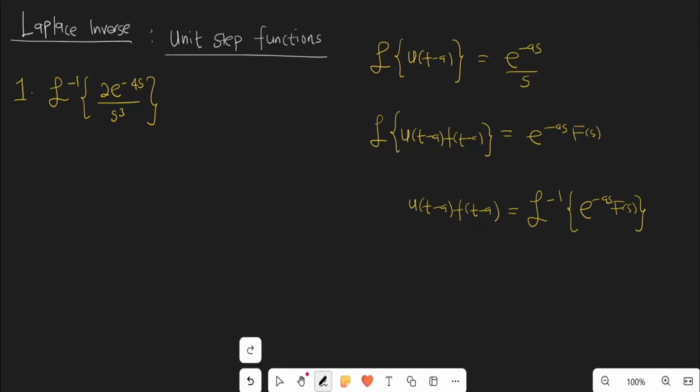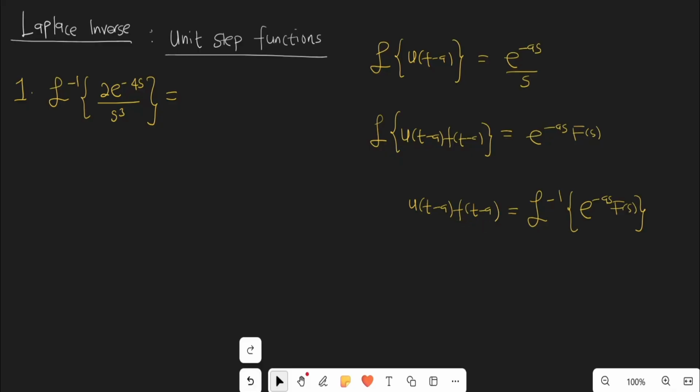So the natural thing that comes to our mind if we want to take the Laplace inverse of an exponential function multiplied by a certain function, here our function is 2 over s to the third, is that we are going to get a unit step function multiplied by a certain function shifted by a.